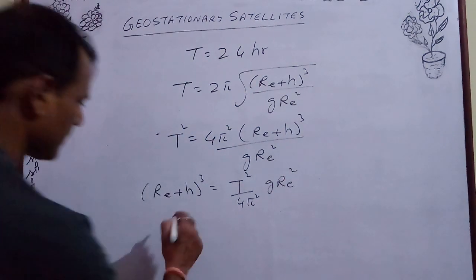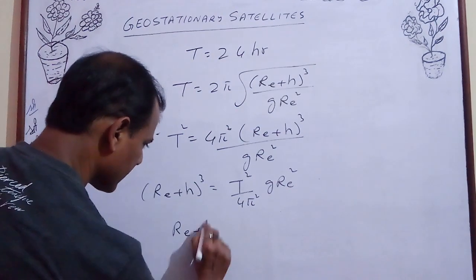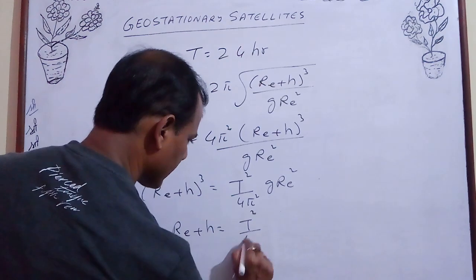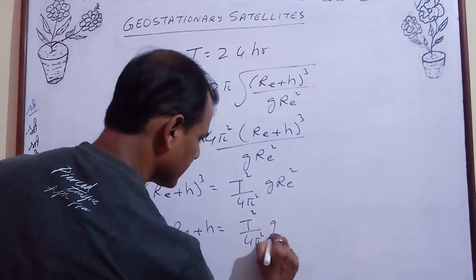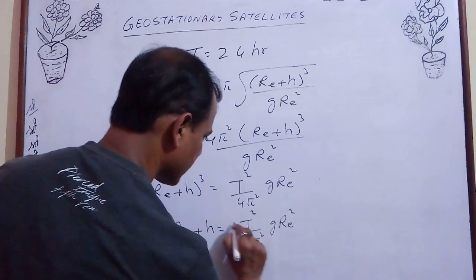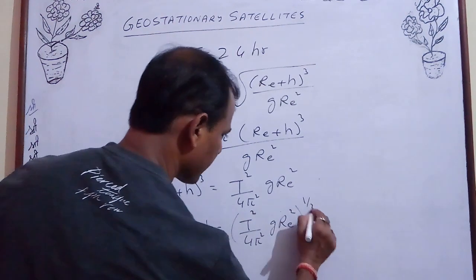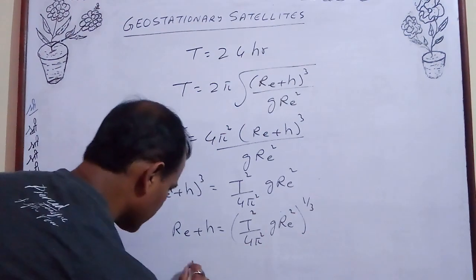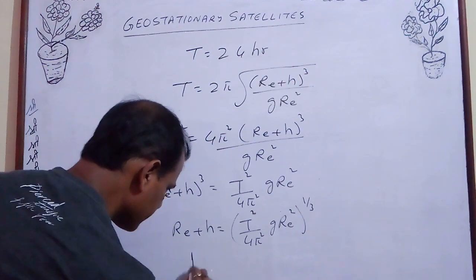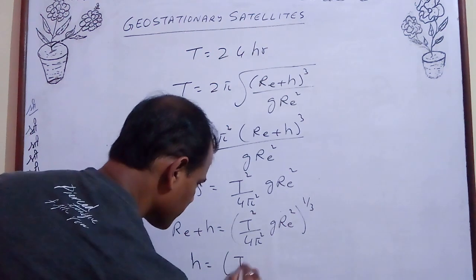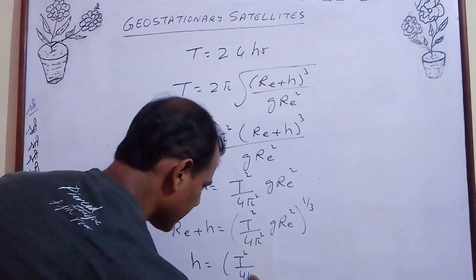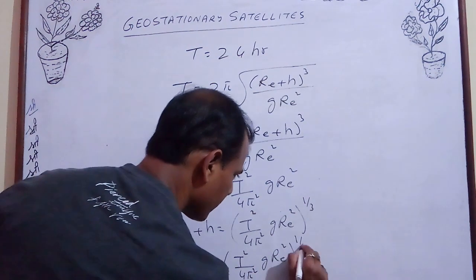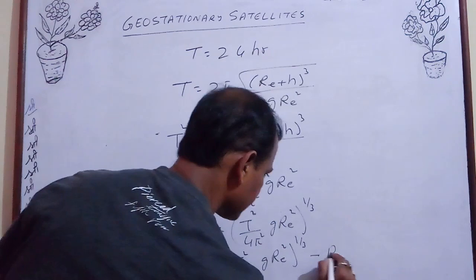So Re plus H is equal to (T square upon 4 pi square G Re square) to the power 1 by 3, since this is a cube. For height H, therefore, H is equal to (T square upon 4 pi square G Re square) to the power 1 by 3 minus Re.